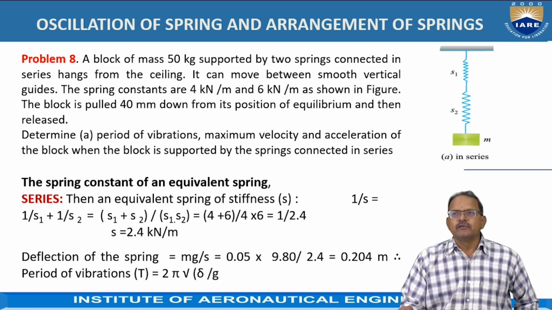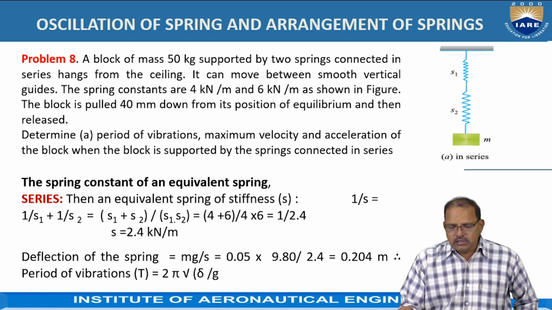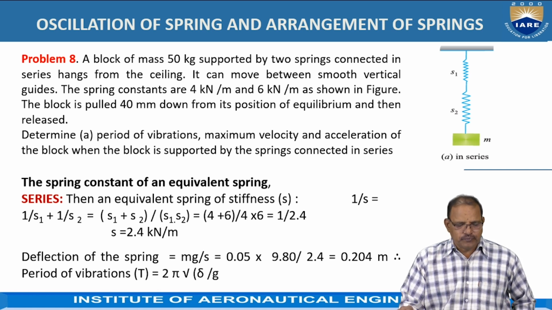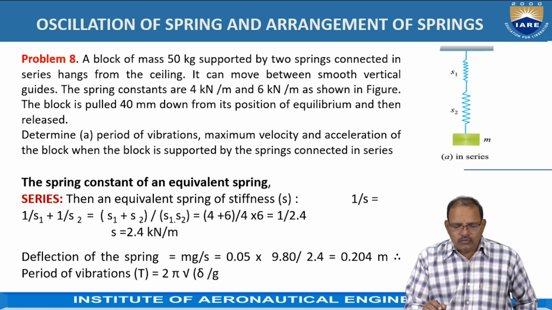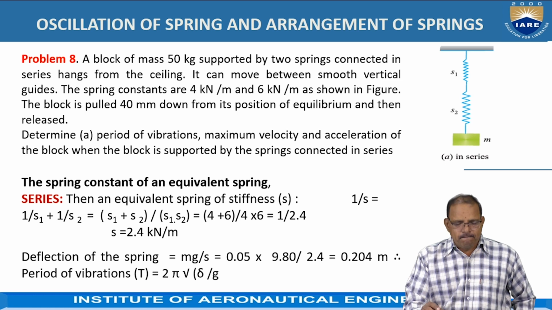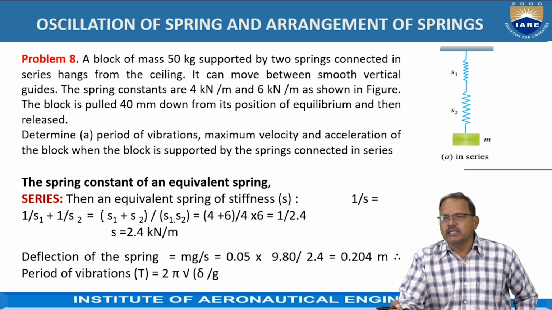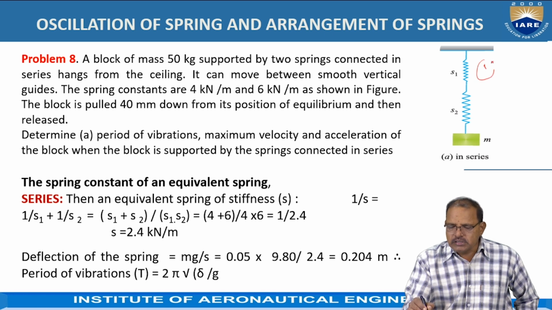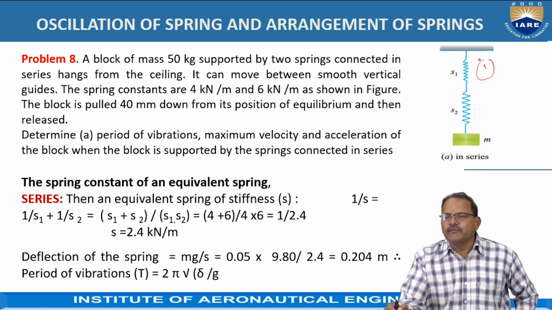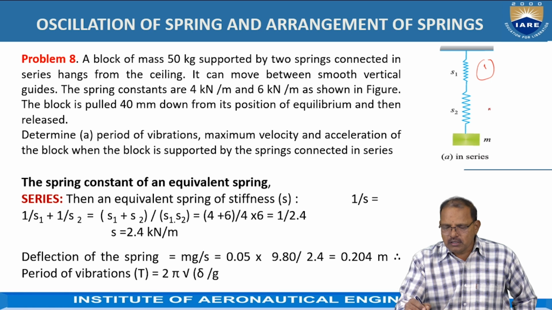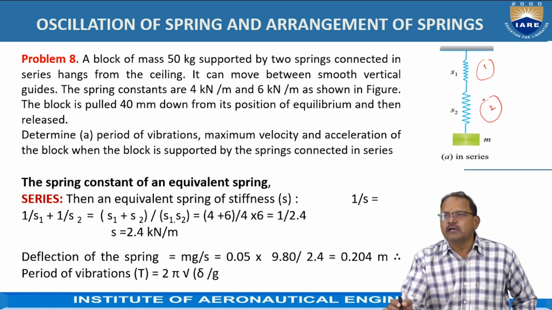Now, oscillation of spring and arrangement of springs. Here, two springs are connected in series as shown in the figure. The first spring has stiffness S1 and the second spring has stiffness S2.